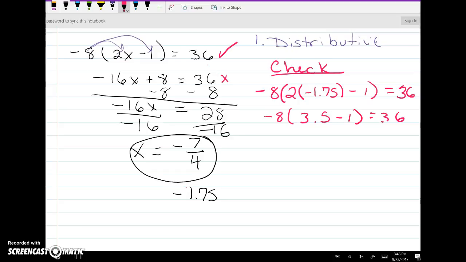Whoops, it's negative 3.5. Negative 8 times negative 3.5 minus 1 is negative 4.5 equals 36.